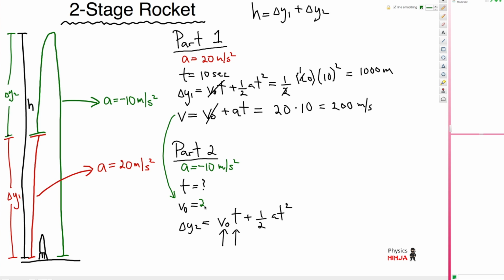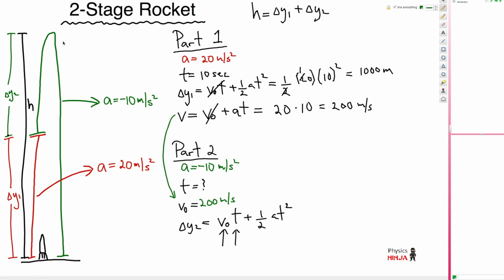So we're doing pretty good. We can almost find the displacement y2. All we're missing actually is to know the time. If I knew how much time it takes to go from here to here, I'd be able to find the total displacement. Okay.